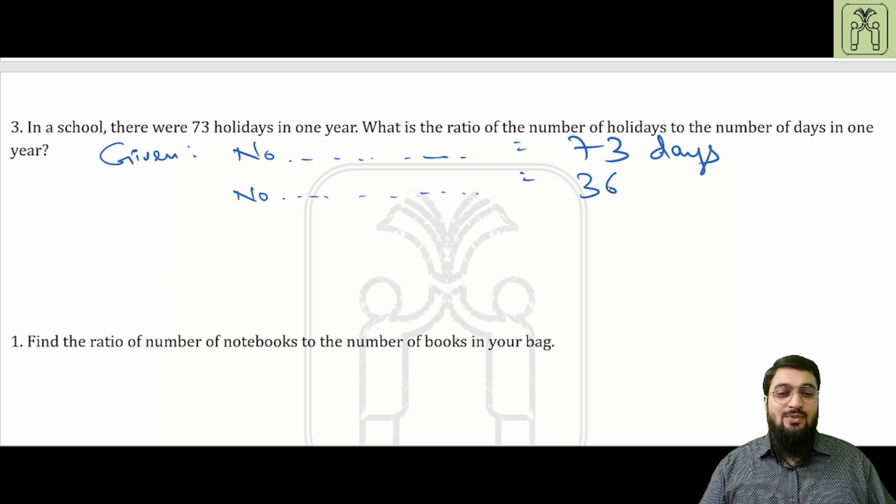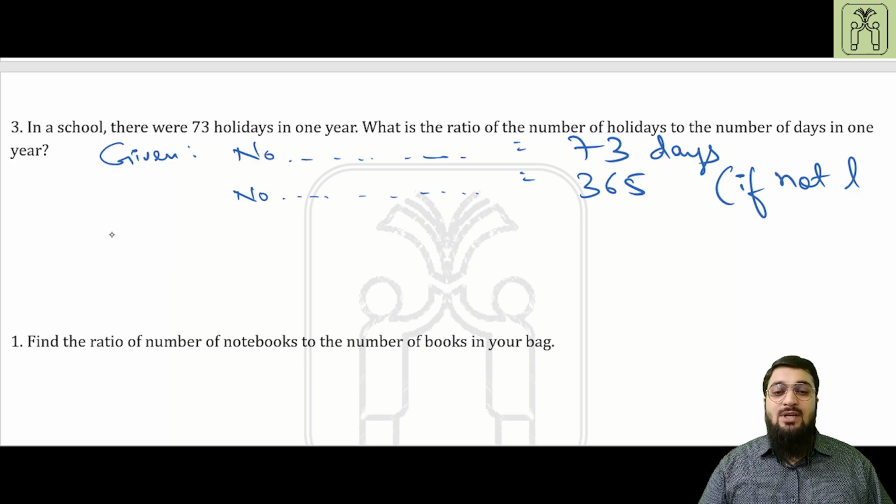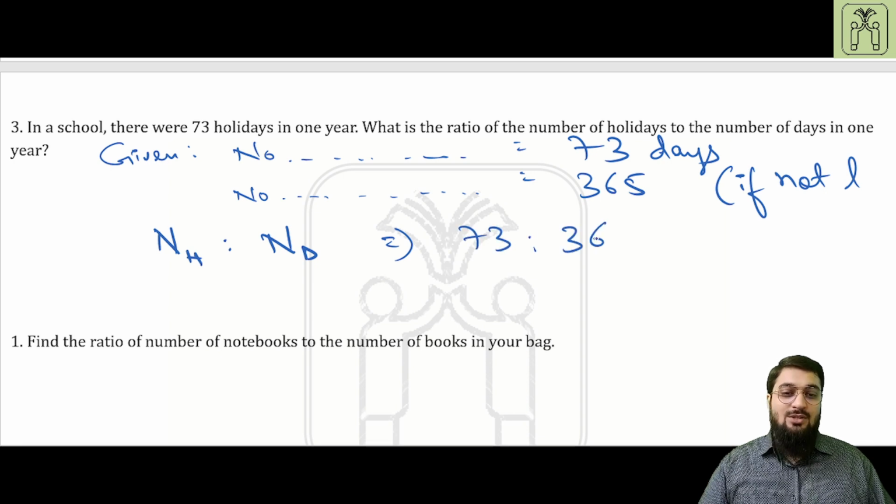That will be 365 if not leap year. We will write in bracket 'if not leap year' because nothing is mentioned, so we will take a general case. After that, we have to find out the ratio of number of holidays to number of days in a year. So we will write this down in this manner, and after that, we will write this implies 73 is to 365.